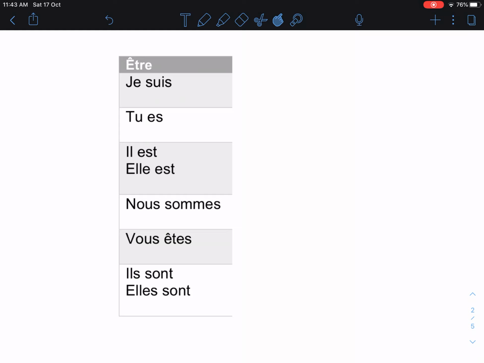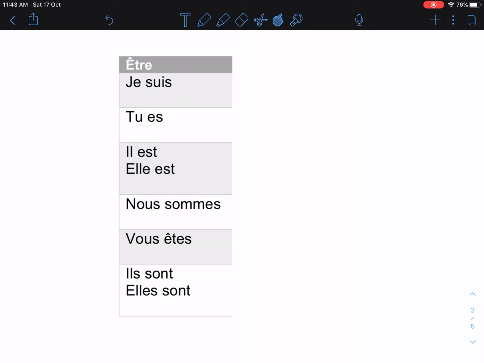Because later, these pronouns will react differently to the verb, and we will see the reactions later on in the segment conjugaison. But you need to know because each pronoun will react differently to the verb.